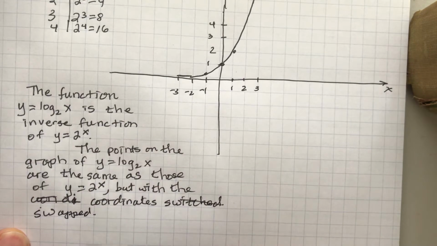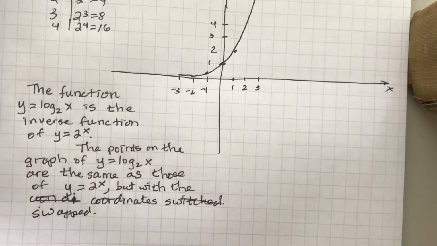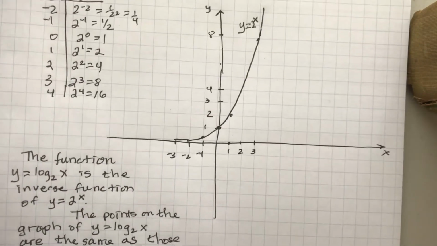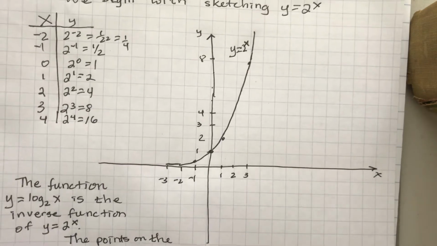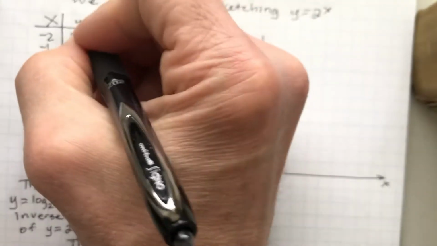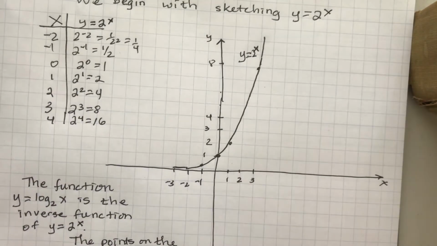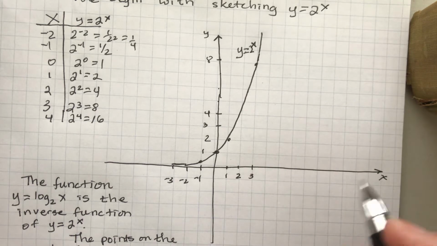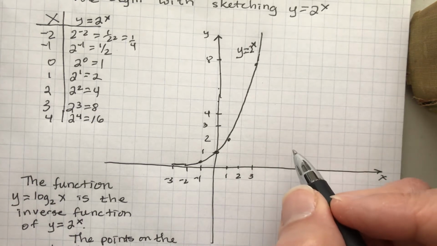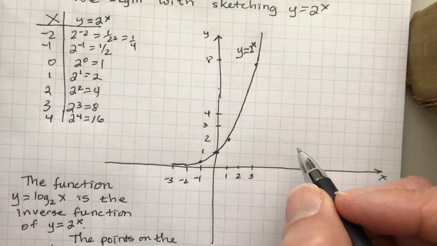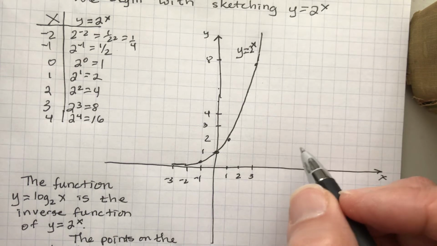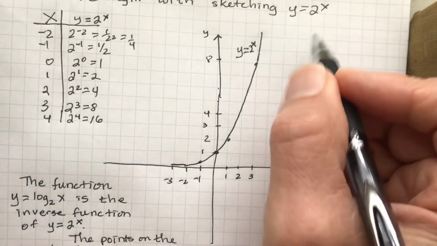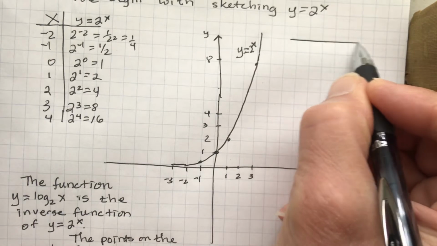Okay, so what do I mean by that? So I'm going to swap the coordinates. And so above here, this is x, and then y equals 2 to the x. So somewhere along the way, I need to make a chart, maybe I can do it here, for y equals log base 2 of x.